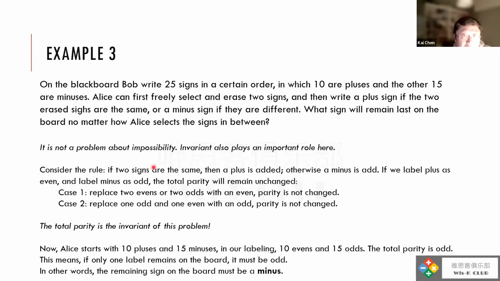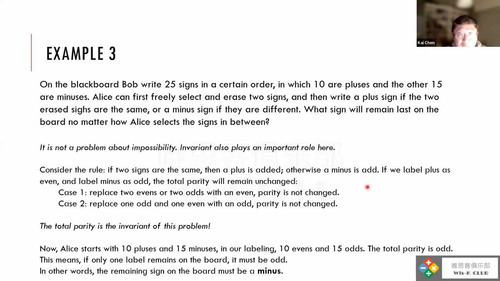So again, here you see the plus and minus. It's very natural to think, oh, that must be parity. According to the rule, 2 plus signs will give you 1 plus, and different signs will give you a minus. So it's natural to say the minus is odd and the plus is even, for example.